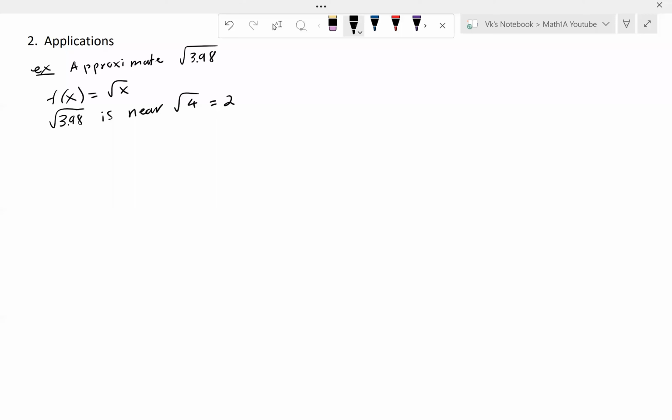So in this case, we need to find an approximation of square root x at x equal 4, or a linearization of f(x) equal root x at x equal 4.